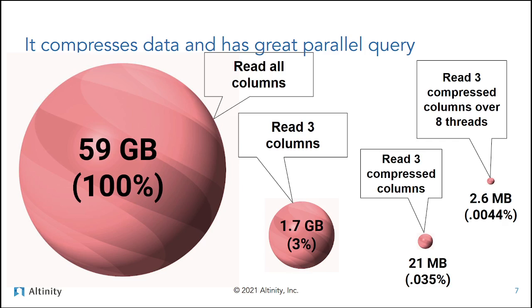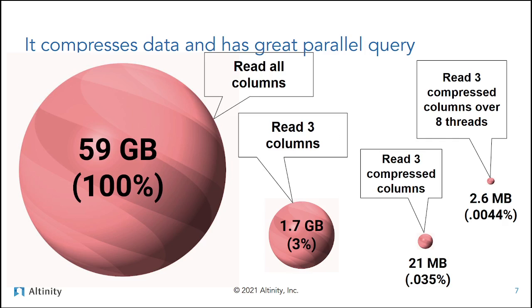So what I'd like to do is I have an example here of the effect of columnar storage going all the way to parallelism, and what kind of difference it makes in the amount of data that we need to scan. So for example, this big ball on the left, that volume represents reading all columns in a row database that's storing 59 gigs of uncompressed data. This was based on our on-time data set.